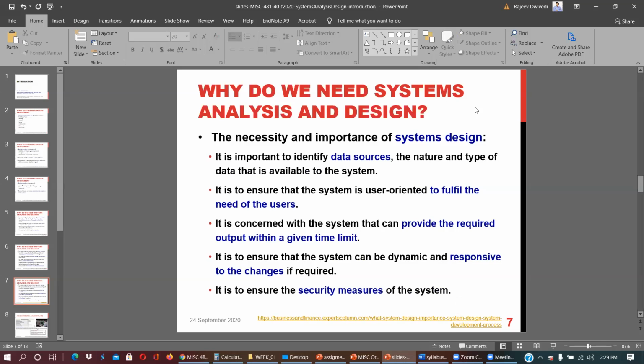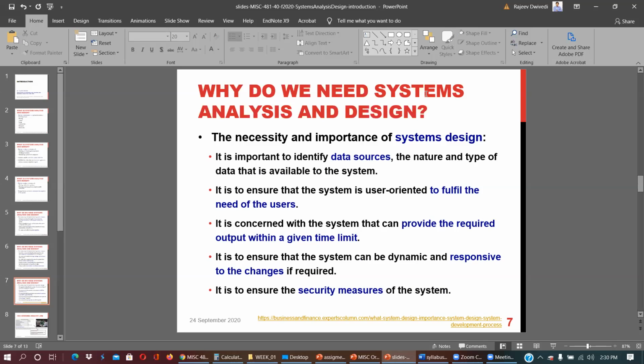They call it the Software Institute, and they have published a report that 75% of software doesn't meet the user expectations. More than 80 or 85% of systems or software fail to meet the time requirements and budget requirements.